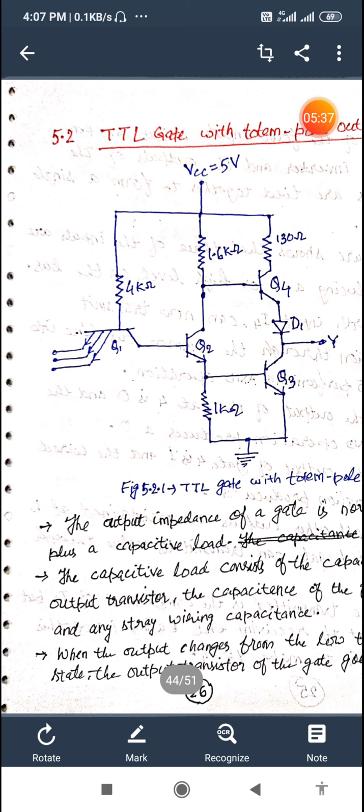This value of R is much smaller than the passive pull-up resistance used in the open collector circuit. As a consequence, the transition from the low to the high level is much faster.